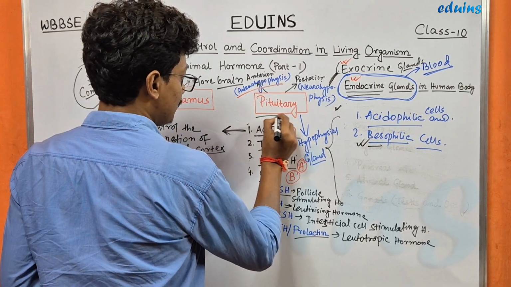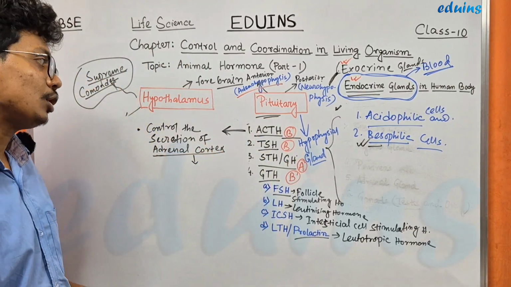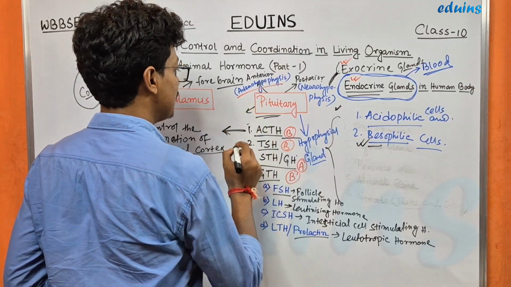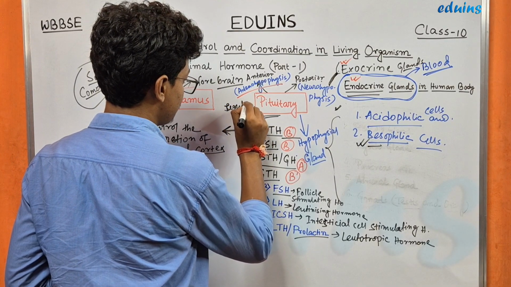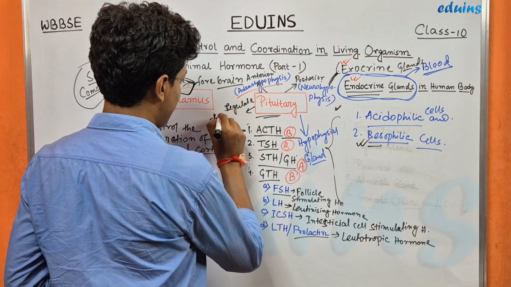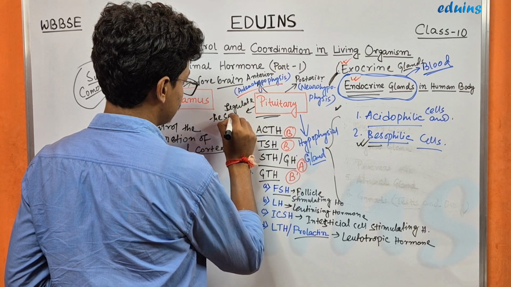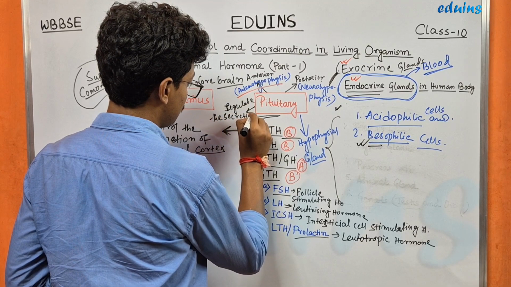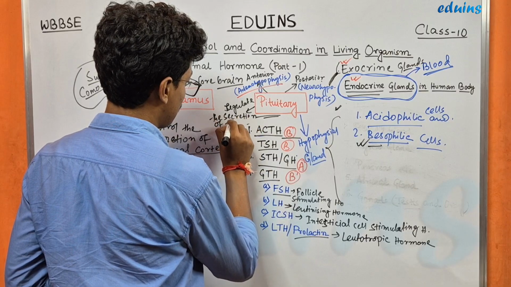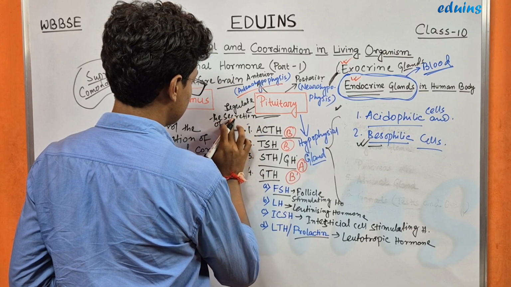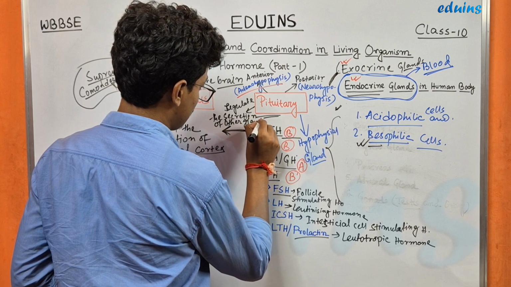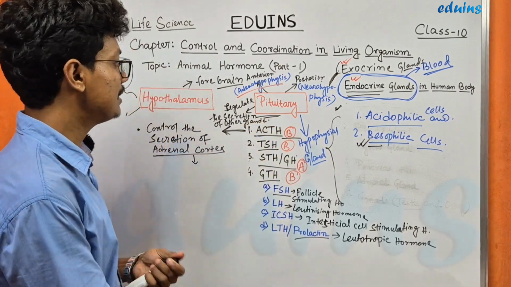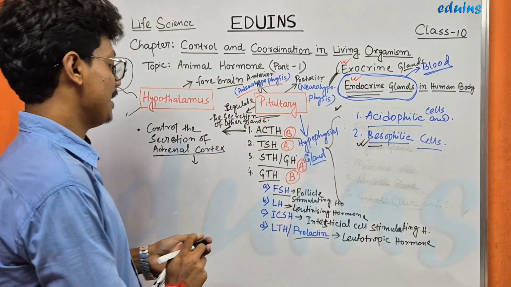And this pituitary gland also regulates the secretion of other glands. That's why this is also called the master gland.